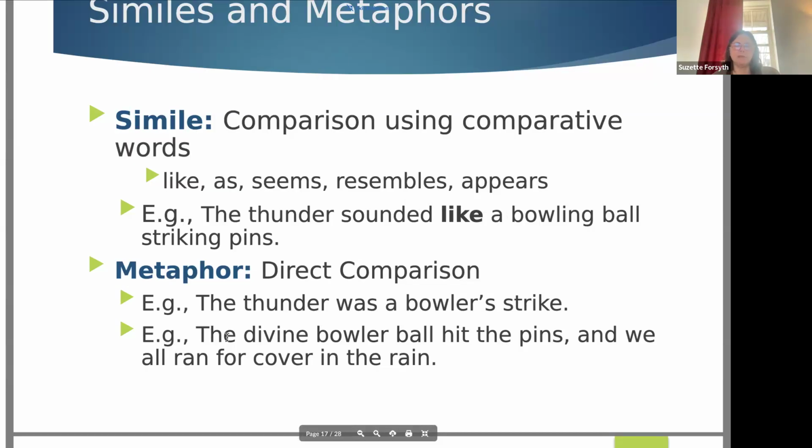So this is the figurative language for thunder. And here it's comparing the bowler strike to thunder, right? Saying one is the other thing. And the same comparison is made here. The sound of thunder to the sound of a bowling ball striking pins.